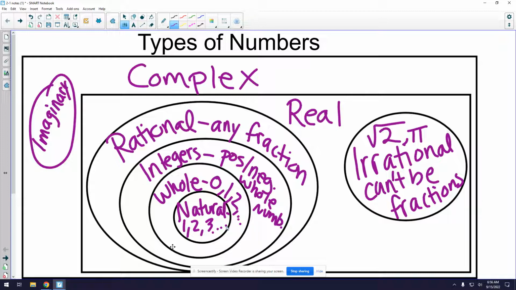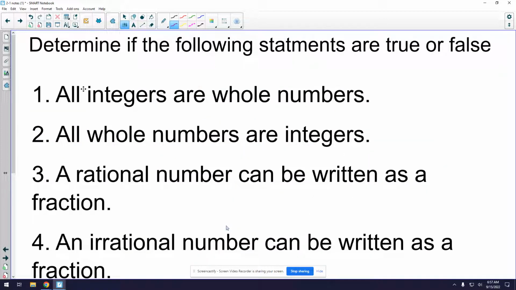No. If you started in a bigger one, you don't go down, you go out. So integers can be whole numbers because a whole number is an integer, but an integer is not necessarily a whole number. For example, -7 is not a whole number. It is an integer. But +7 is an integer and is a whole number. So all integers are whole numbers? False.